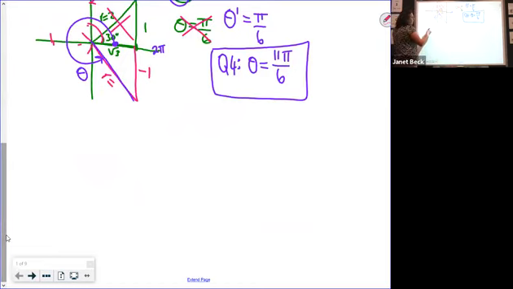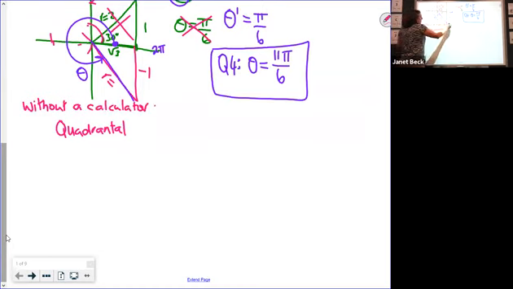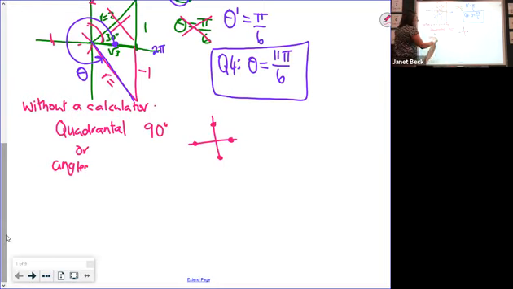angles we can ask for without a calculator are quadrantal, so those are based on 90 degrees: 0, 90, 180, 270, but in radians, or angles from within a 30, 60, 90 triangle, or a 45, 45, 90 triangle, okay?